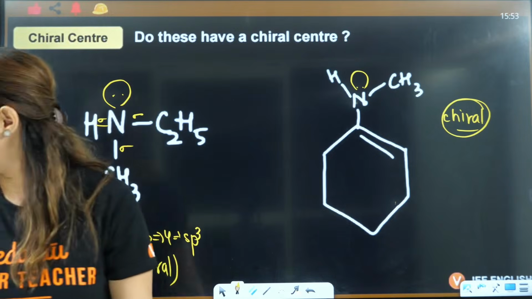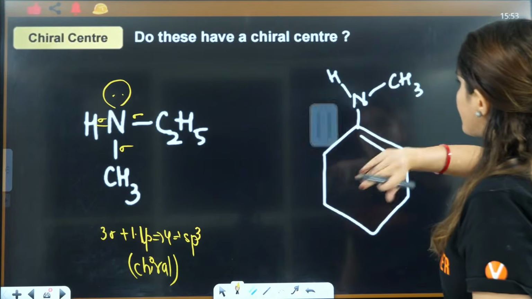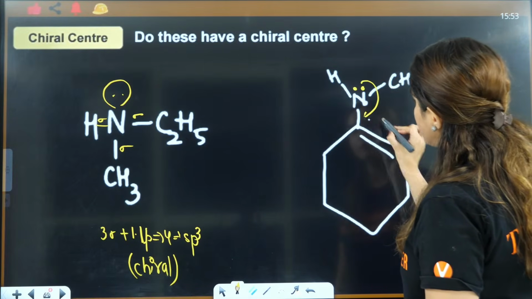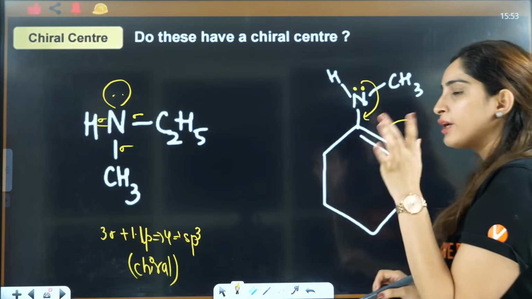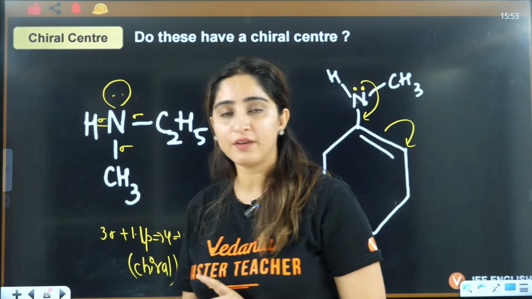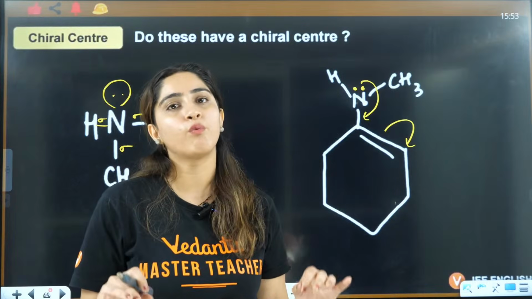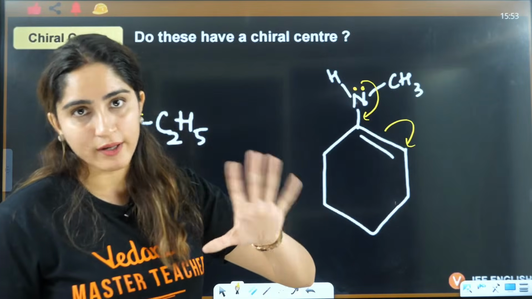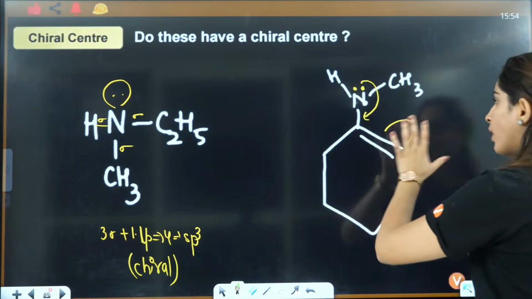But here things will be quite different, because this particular lone pair is actually in delocalization: lone pair, single bond, double bond. I told you this in aromaticity as well. Whenever the lone pair is in delocalization, it is not involved in the hybridization.